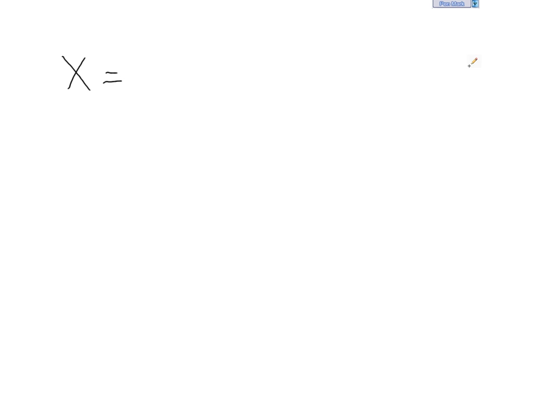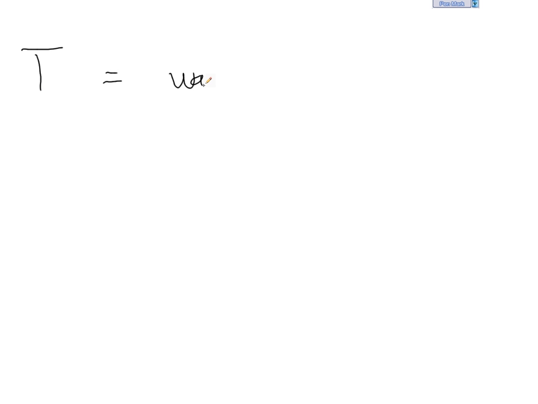So let's say that you have x equals, and it doesn't have to be x, it could be whatever we want, like t is some sort of waiting time in minutes.